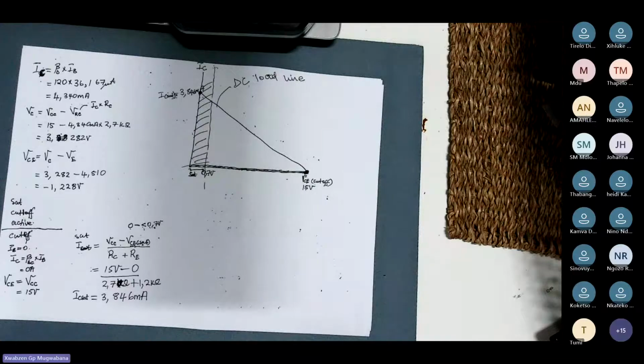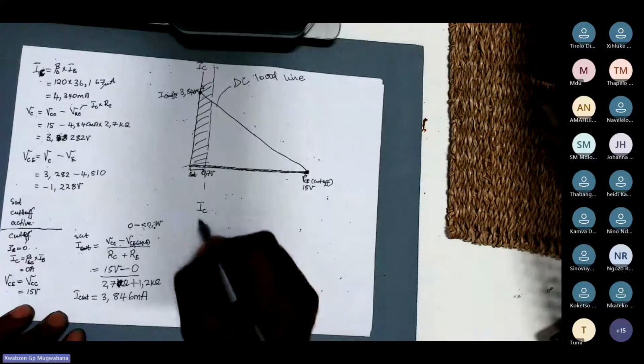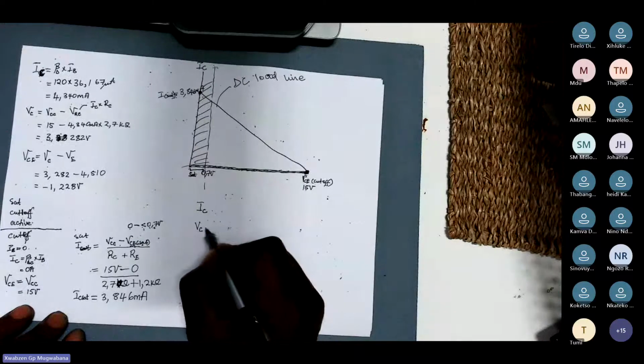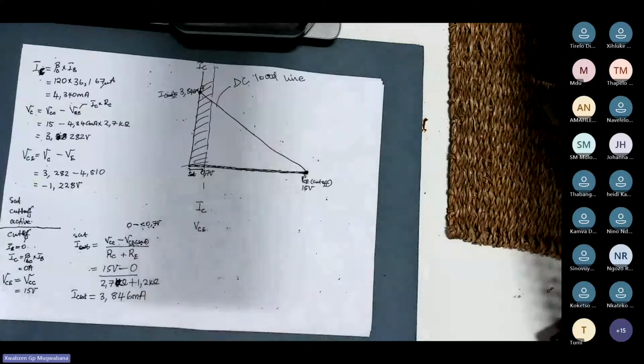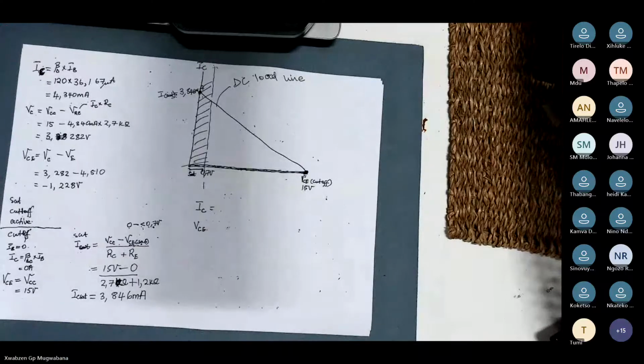Yes, sir. Good. Now I want you to go back to our analysis. Tell me what is IC and what is VCE. Those are the two elements that are important to me right now. What is our IC? Yeah, IC, the one that you calculated.